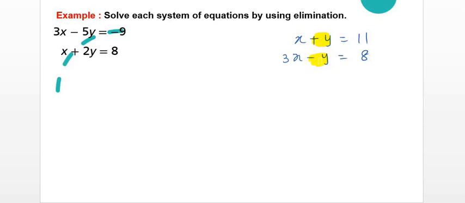Why? Because they have the same variables with different signs, right? But in this case, when I look at the variables 3x and 1x, I cannot eliminate them directly. Even if you have a positive sign over here, you can change the signs of any of the equations, and then even in that case the y can be eliminated easily.